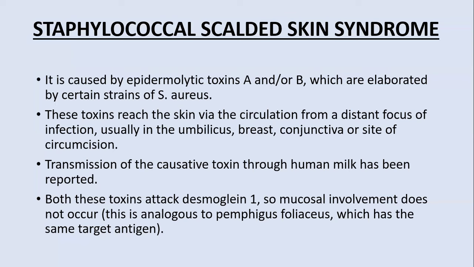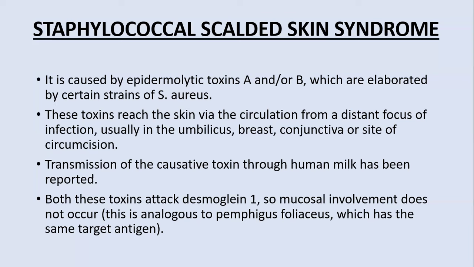It is caused by an epidermolytic toxin secreted by certain strains of Staph aureus, and this epidermolytic toxin may be A or B. These toxins reach the skin via circulation from a distinct focus of infection, usually the umbilicus, breast, conjunctiva, or site of circumcision.